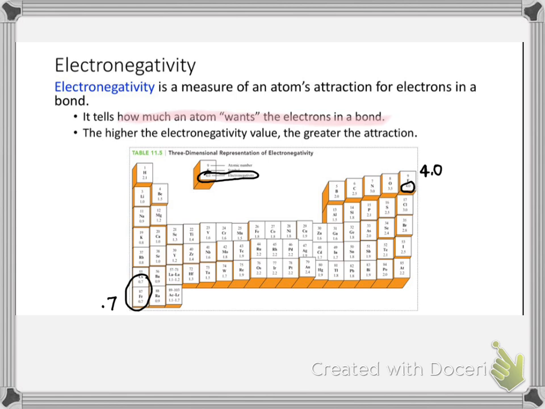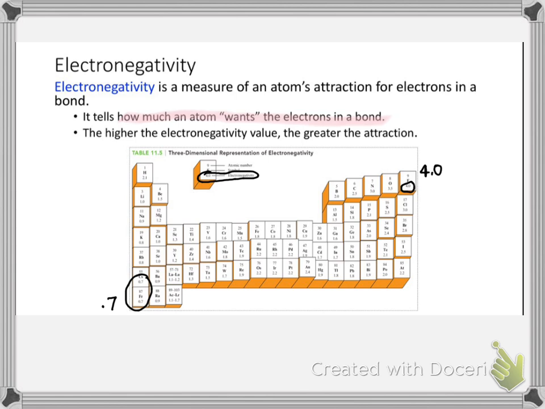And so if that difference is so great, they don't even share anymore, they just take the electron. So it all fits together. All the trends, everything is not all separate little silos that you have to learn. These are all things that fit together to give a big picture.